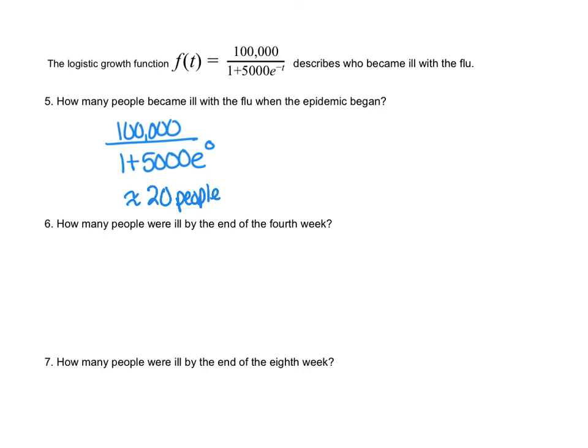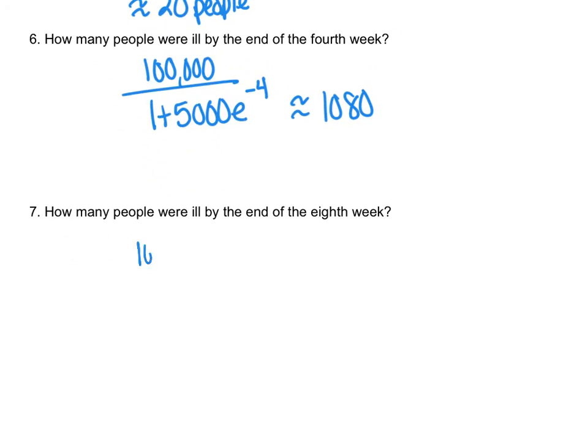How many people were ill with the flu by the end of the 4th week? All right, so we're going to go ahead and fill in 4 for that t. So 100,000 divided by 1 plus 5,000 e to the negative 4. So now we're at 1,080 people with the flu. So for our last, the 8th week, we're going to use the same formula, 100,000 divided by 1 plus 5,000 e to the negative 8.